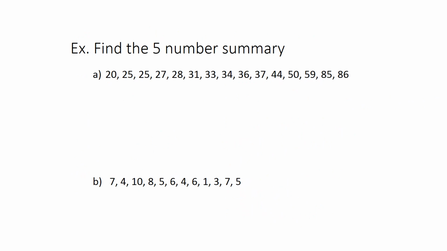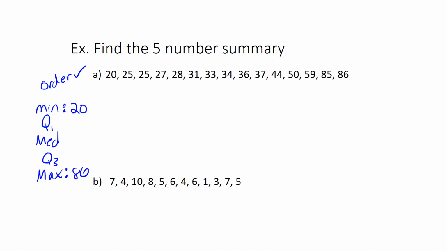Okay, so let's see how that works. Find the 5-number summary. If you look, this first data set, they are in order. So that is the first thing that you want to check. So the 5-number summary is min, the first quartile, the median, the third quartile, and the maximum. So those are our 5 numbers. The minimum and the maximum you can pick off easy enough.